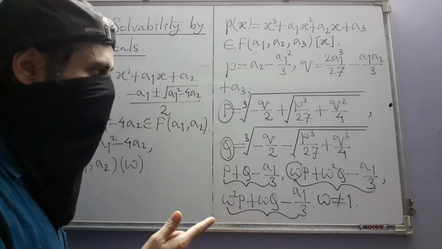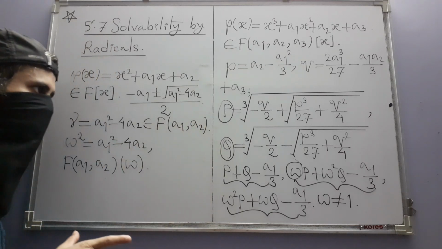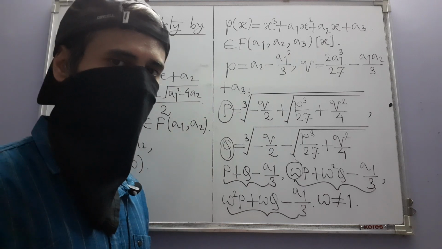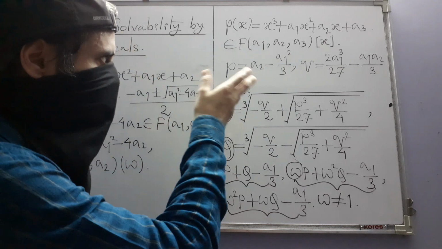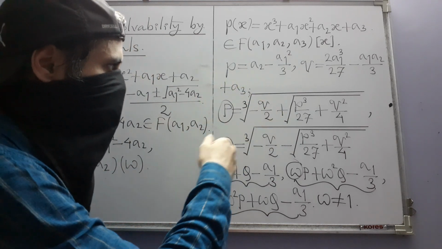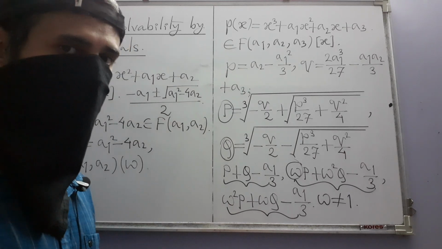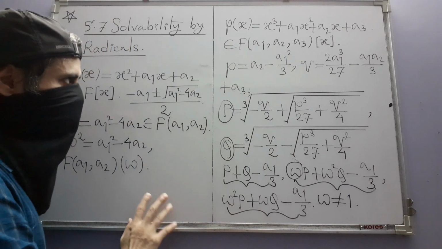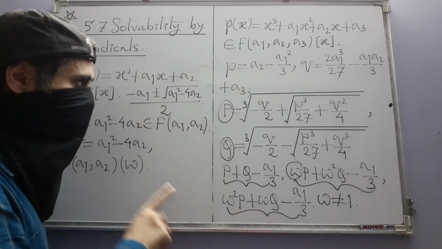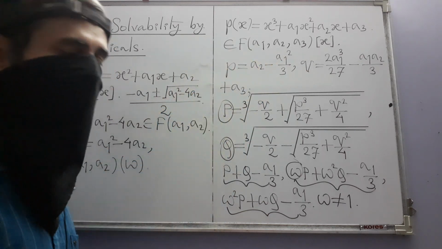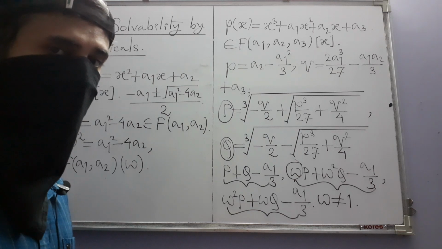But in that case also, the roots are expressible as a combination of square roots, cube roots, I think 4th roots also, I'm not exactly sure, of the coefficients or of rational functions of the coefficients. That's the point.